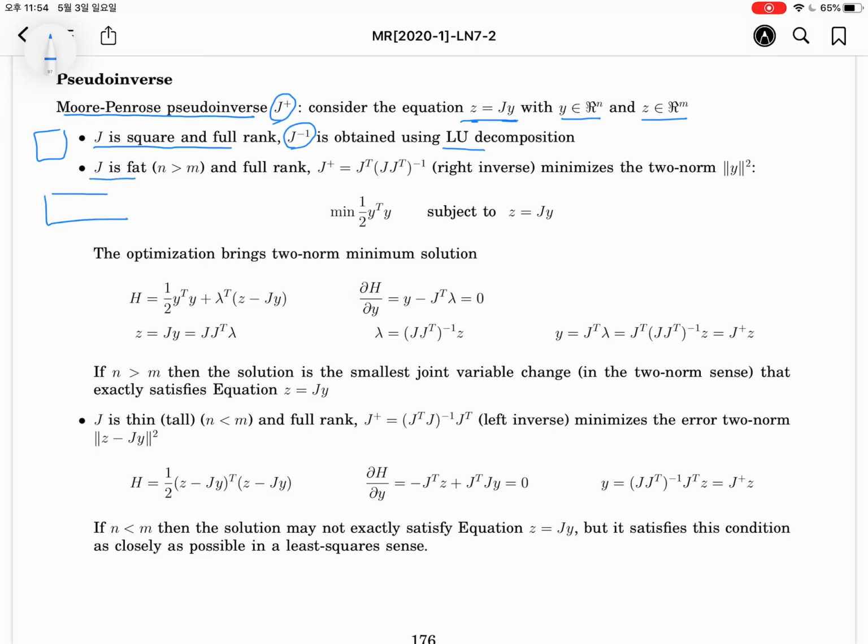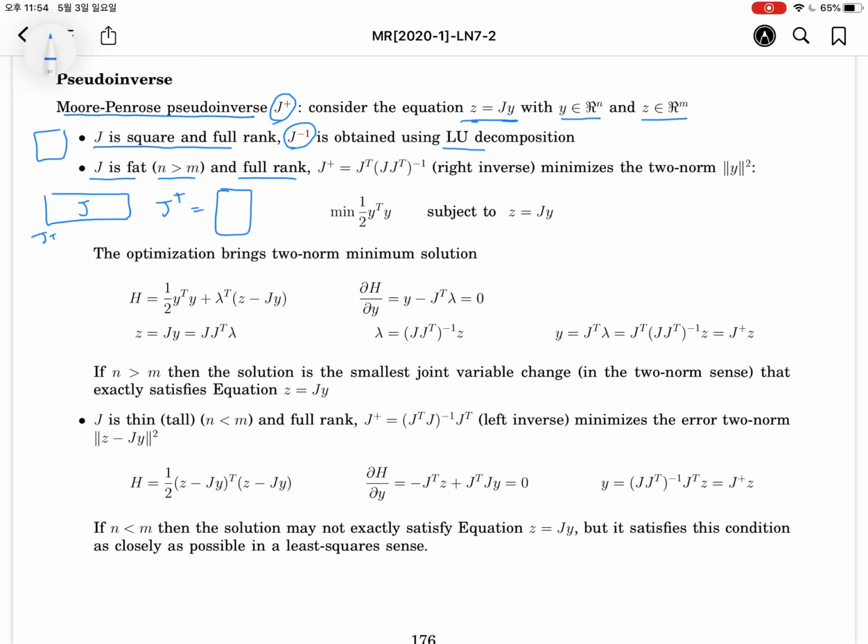On the other hand, J is fat. It means a rectangular matrix is given as J, and n is larger than m. Okay, we will add another assumption: J is full rank. In this case, the J pseudo inverse should be obtained as a tall matrix.